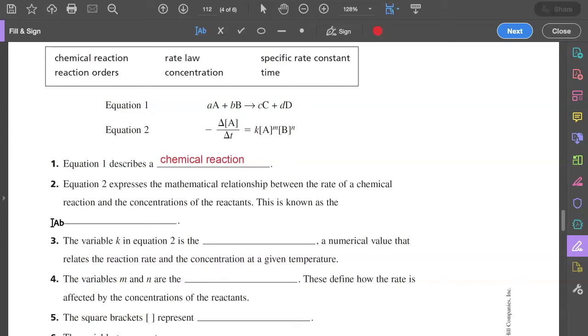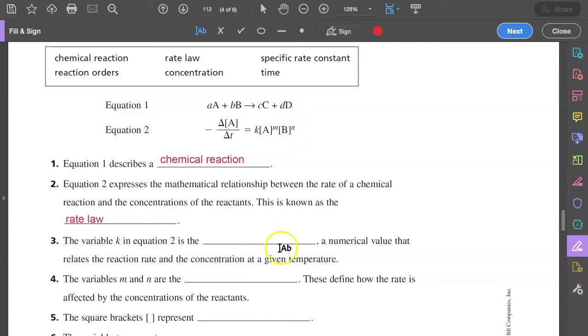This is known as the rate law. How we have the concentrations of the elements and the rate of the chemical reaction. So rate is equal to K times the concentration of A to the nth power, which we would have to find again experimentally, multiplied by the concentration of B to the nth power.